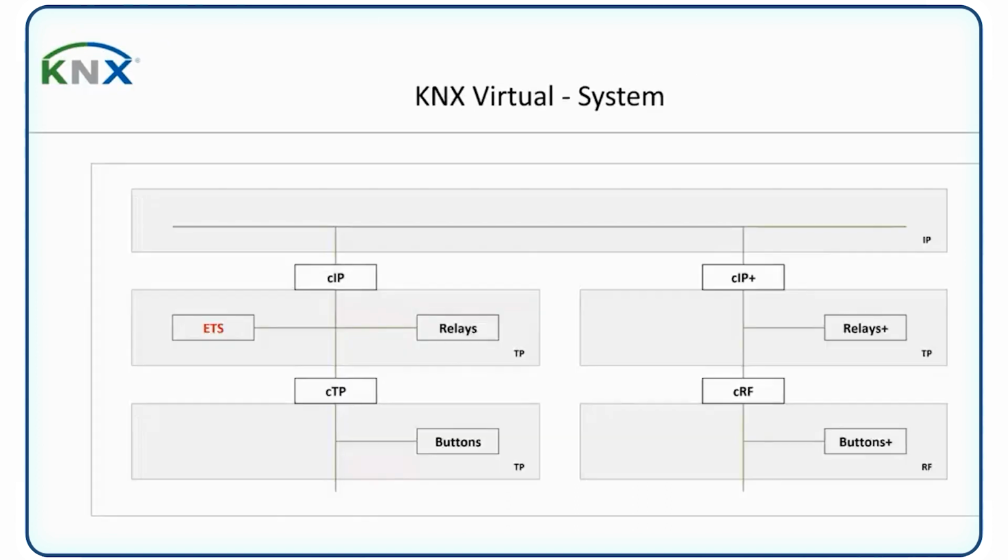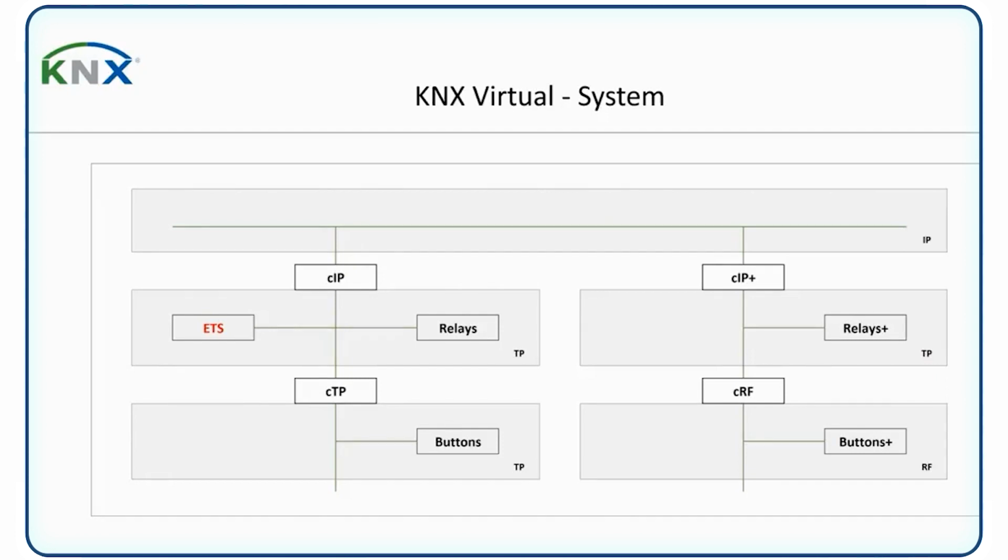Now, KNX Virtual System covers 8 devices inside of the software. I have put them here on the slide, where you can see the topology. Of course, this diagram will also be part of the software itself, so you can always have a look at it.